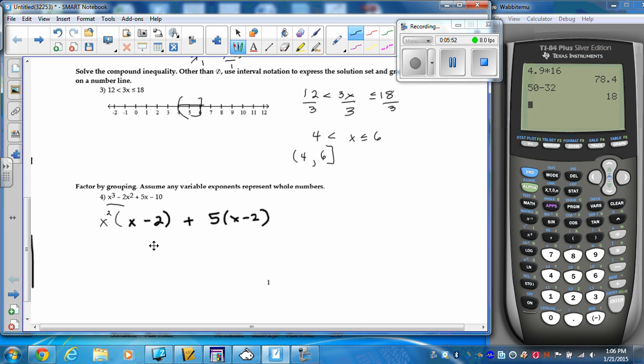So x minus 2 is in common. Let's write that down. And what's left is x squared plus 5. So we have factored by grouping here, and that will take care of that.